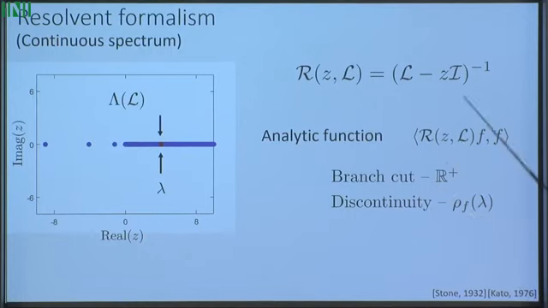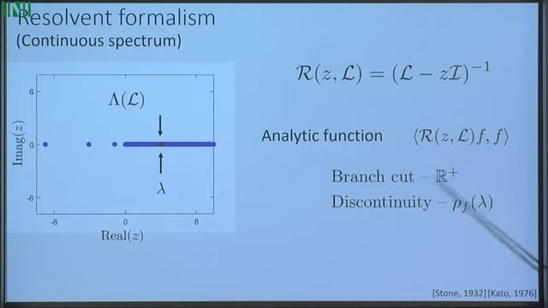Corresponds to a branch cut in the resolvent, essentially. And just as with the case of the poles, the singularities here are hiding the spectral information about L, if you will.